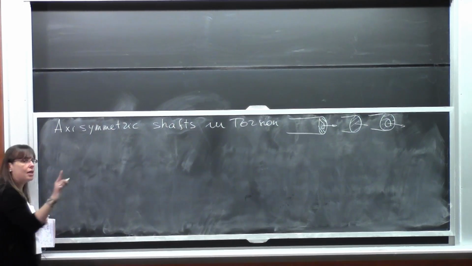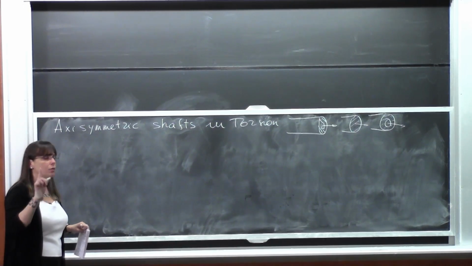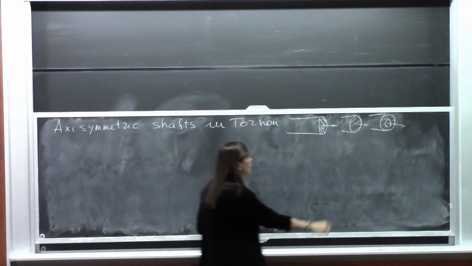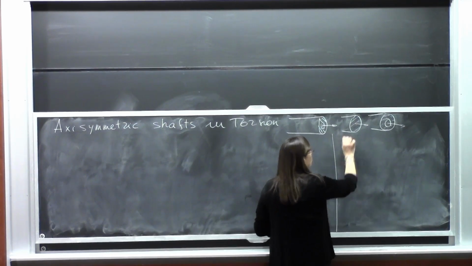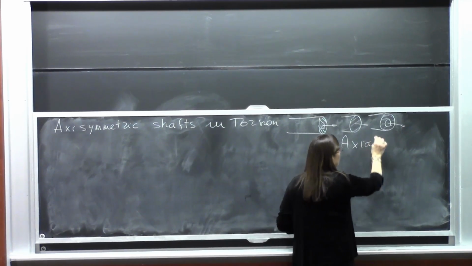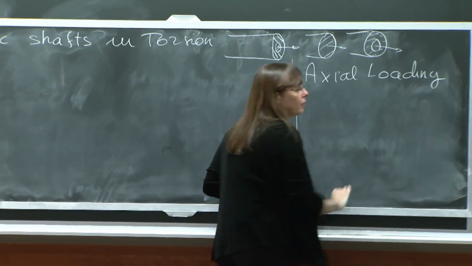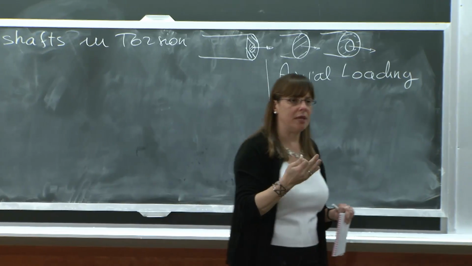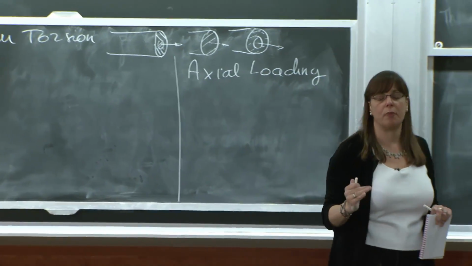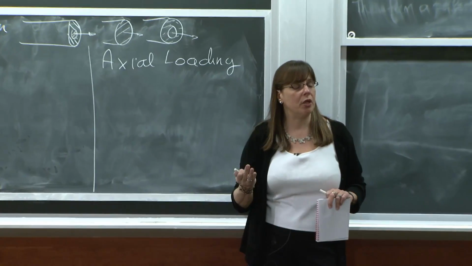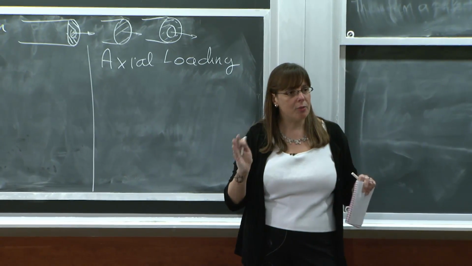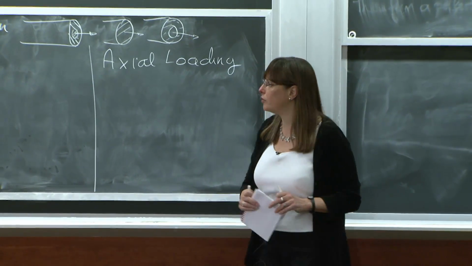Okay, so the first thing we're going to do today is we're going to do the equivalent of what we did in axial loading. So let's go back to axial loading. I'm going to try to make it parallel to axial loading as much as possible in this presentation, because I think that it helps to understand where we're going with this stuff.